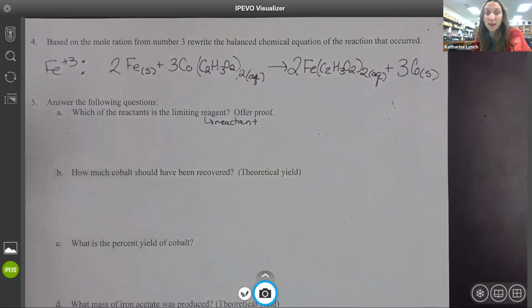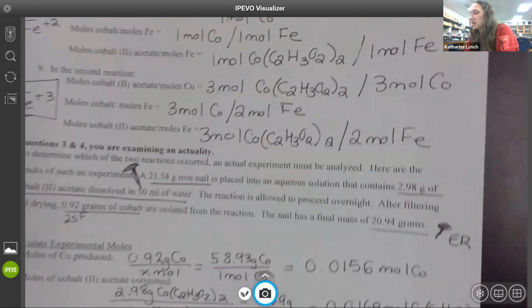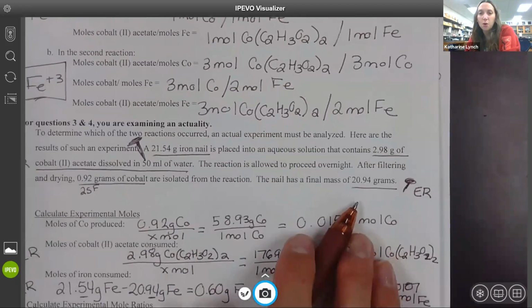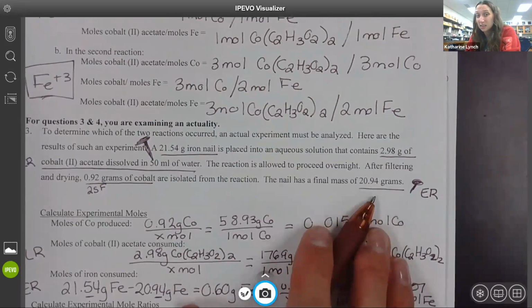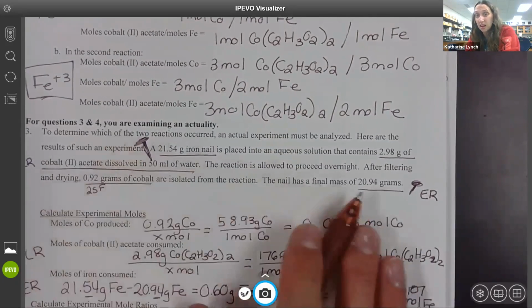But remember, when you have an actual experiment, it's super easy to find the limiting reactant and the excess reactant. The limiting reactant is the reactant that's used up completely. There's none of it left over. The excess reactant, you can always see and hold in your hand after the reaction goes to completion. In this case, that was the discussion about the iron nail.